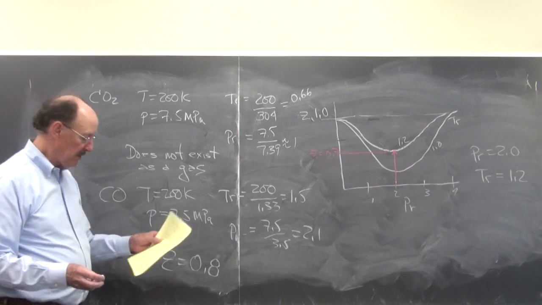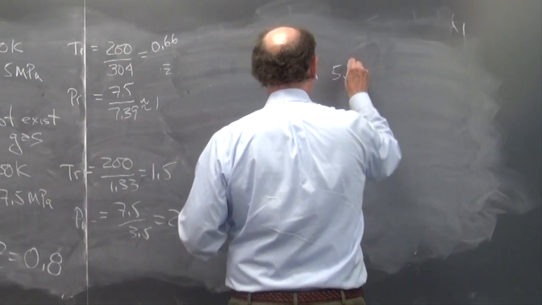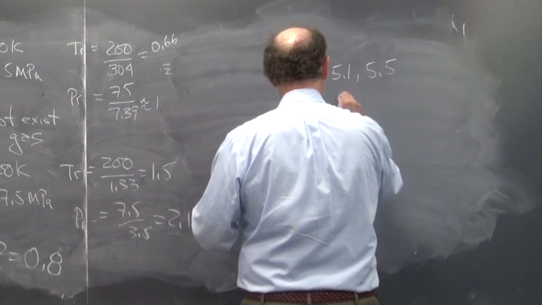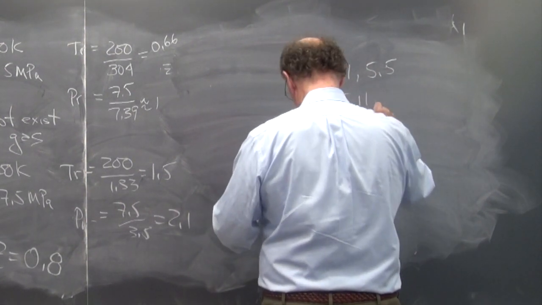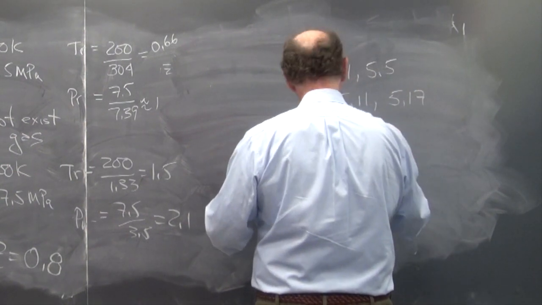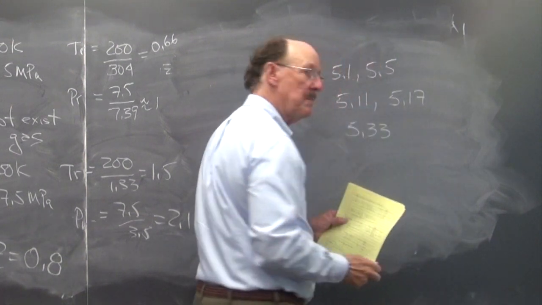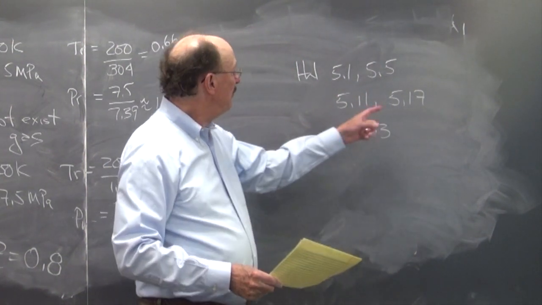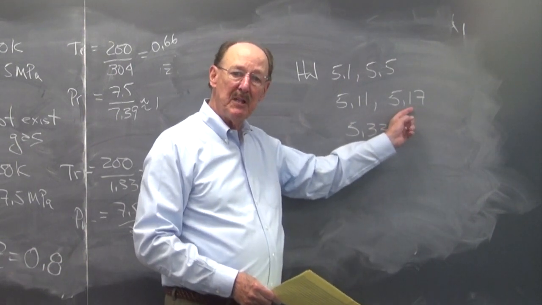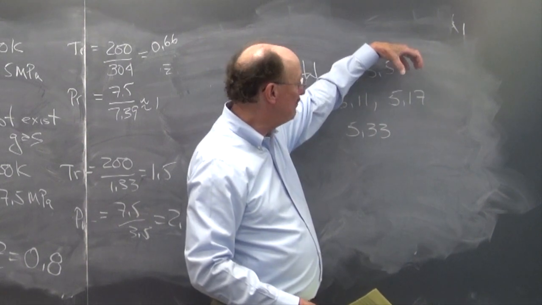So for homework, 5.1, 5.5, 5.11, 5.17, 5.33. For 5.17, thermal equilibrium exists at all times, and what we have is an upside down can above the surface.